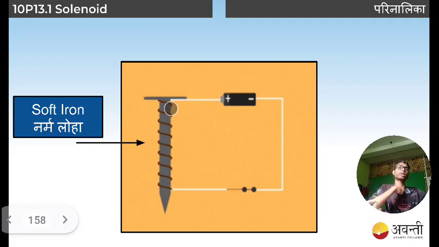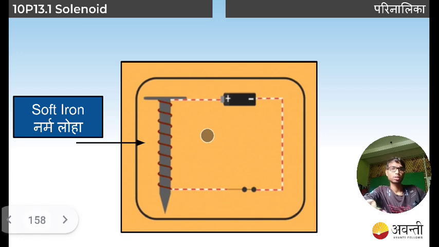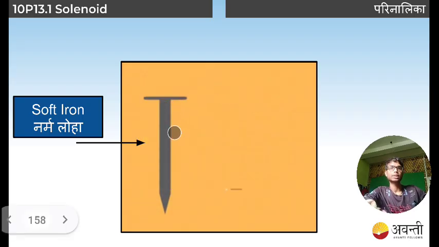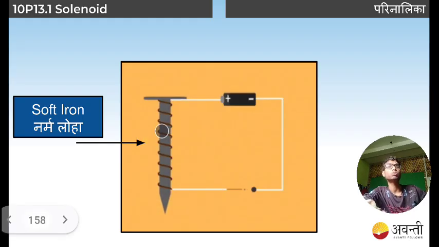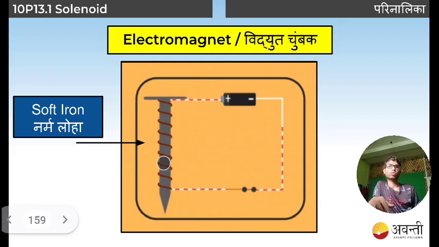The needle will behave like electricity. The electrons are working, and the wire is wrapped around this. This object will work as a magnet. This is what an electromagnet is.